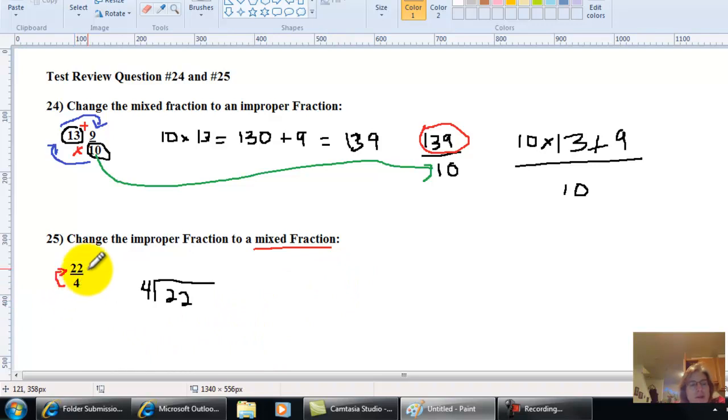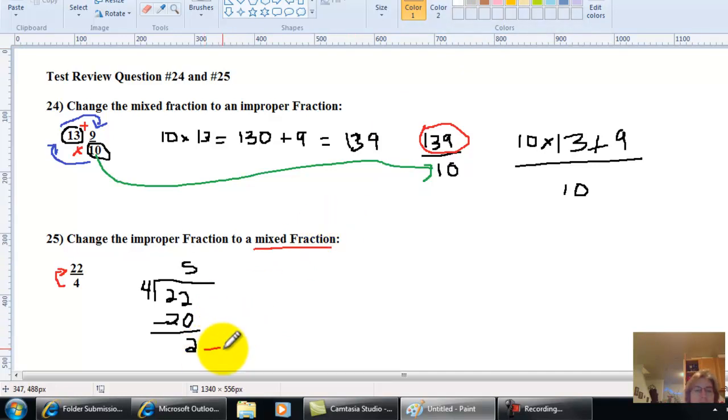So 4 into 22, that's 5 times 4 is 20. You multiply that, put it down there, and subtract to get 2. That's your remainder. And when you're making a mixed fraction, you take your remainder, that becomes the numerator.